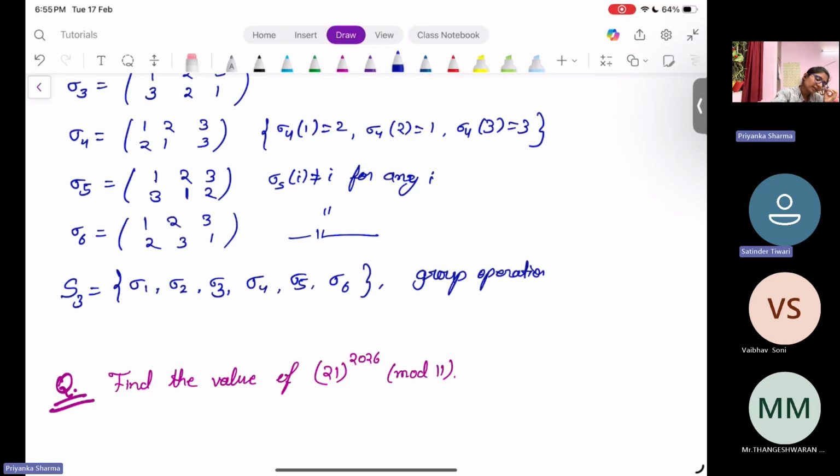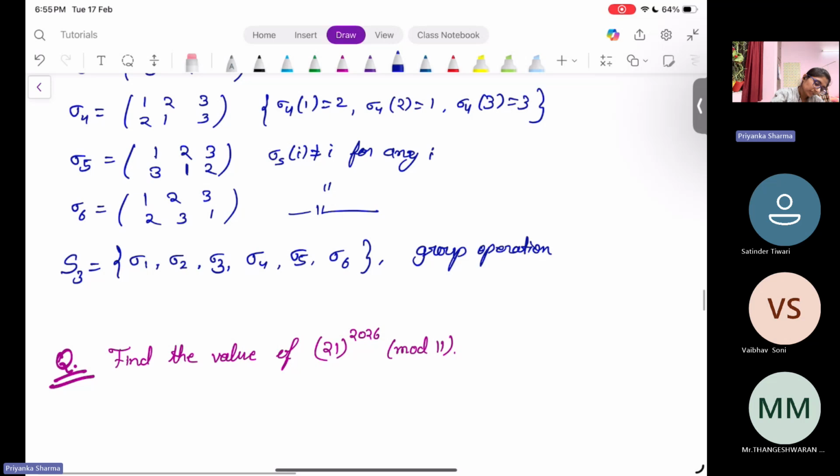The group operation will depend on the nature of the elements. Here the elements are functions basically, so the group operation will be composition of functions. So S3 is a group.